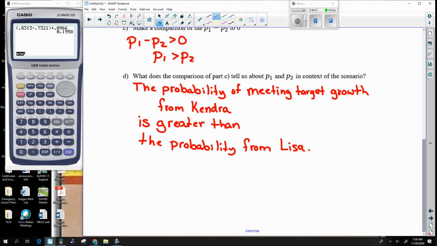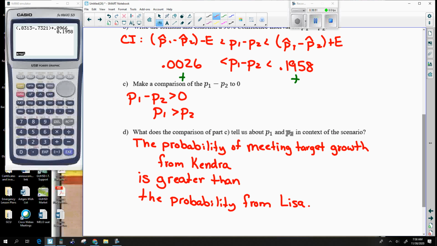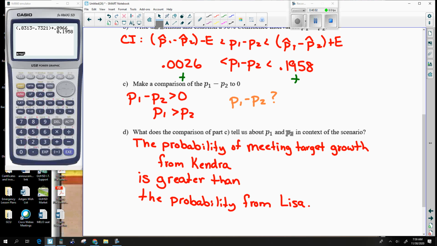Okay, again, if it were the other way around, that were a negative positive, then again, this would be p1 minus p2 is question mark 0, so p1 is question mark p2.